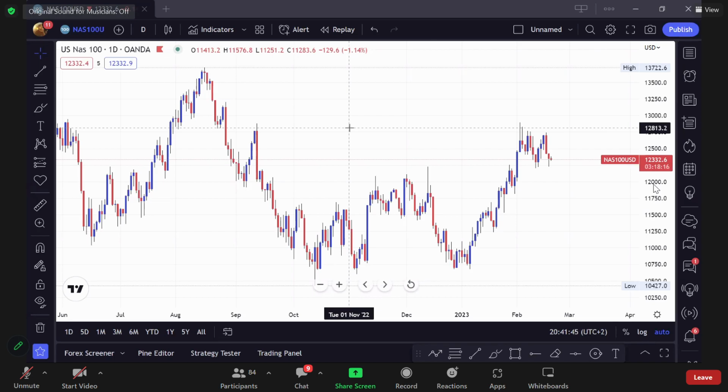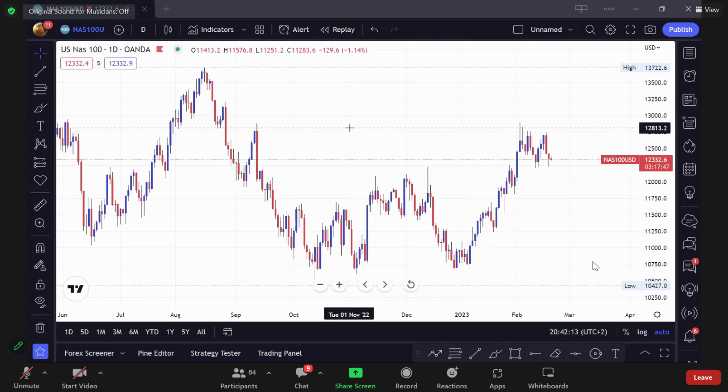Should I repeat it? Yes, please. A break of structure, right, basically means that it's the first clue that the market is giving us that it's about to get weaker or it's about to reverse.